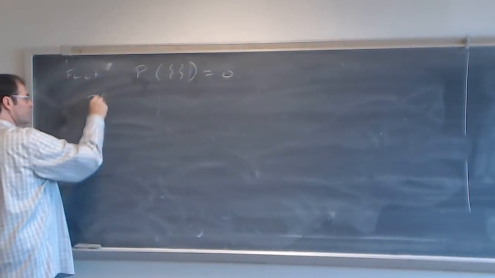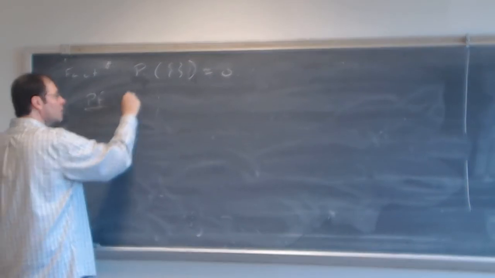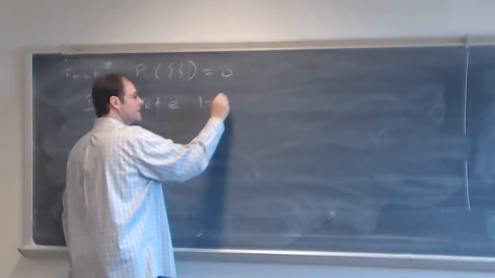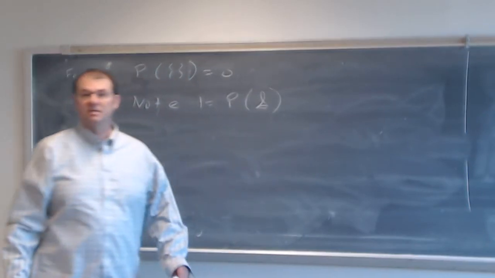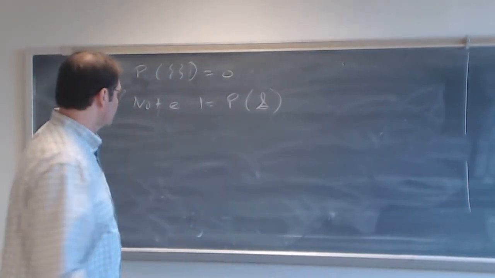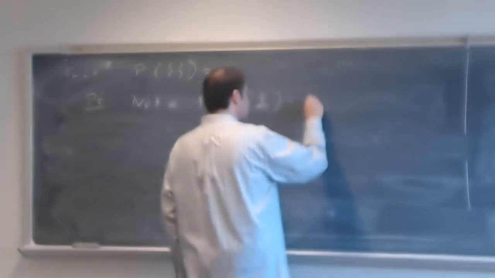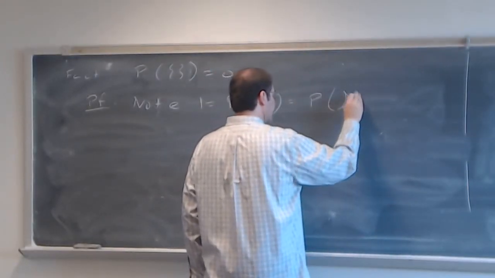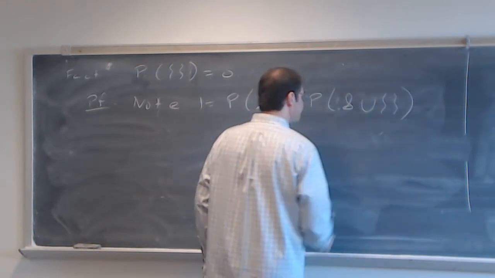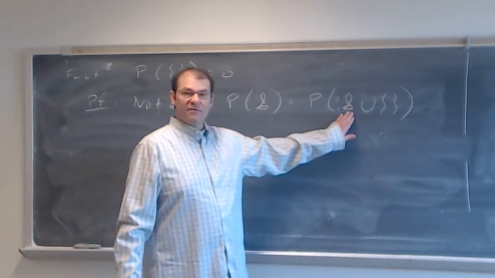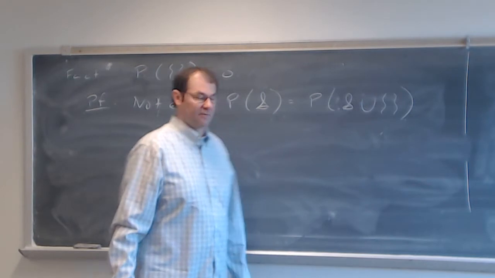So here's the proof. Well, note that 1 is equal to the probability of the sample space. So the empty set is the set that contains nothing. So this is the same thing as the probability of the sample space union the empty set. Because if you take everything and throw in nothing, you still get everything.